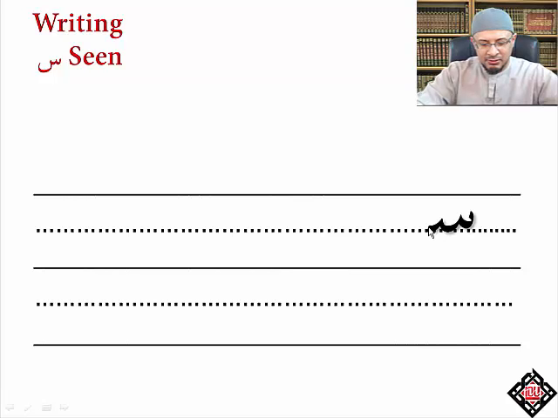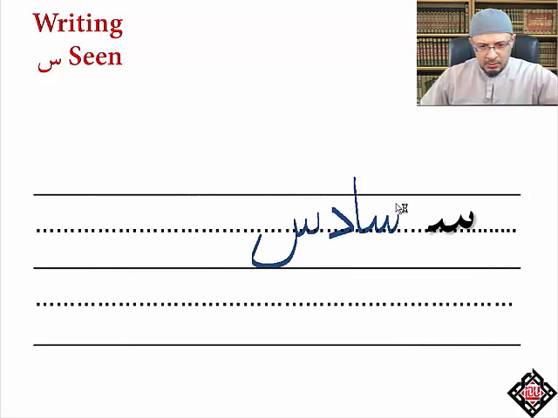So, for example, Sadis. Sadis. Here you have the Sin being connected to the Alif. Alif can connect only to a preceding letter.